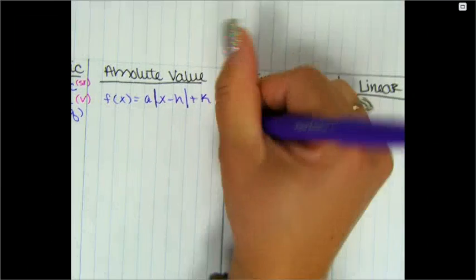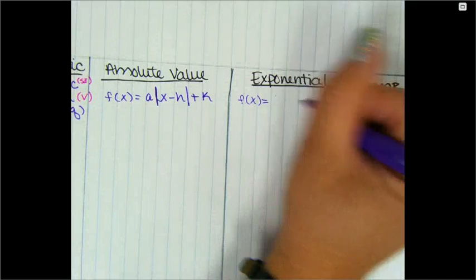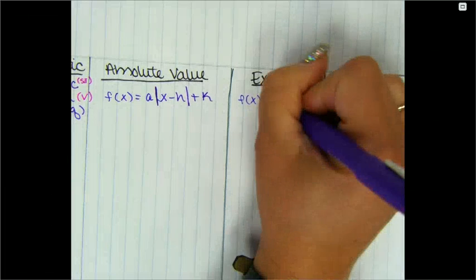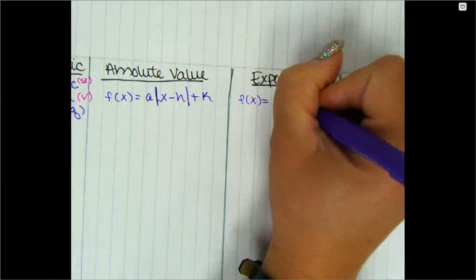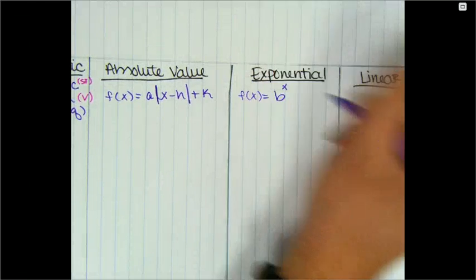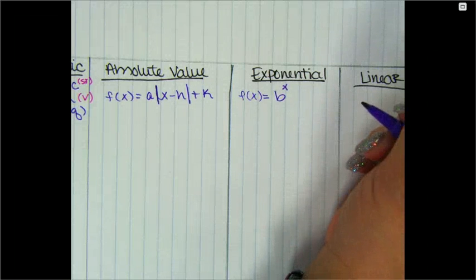Exponentials what? F of x equals, there's no a here. Well, there is, but we're not doing a. B, what's the word that goes to the top? B to the x. What is it?